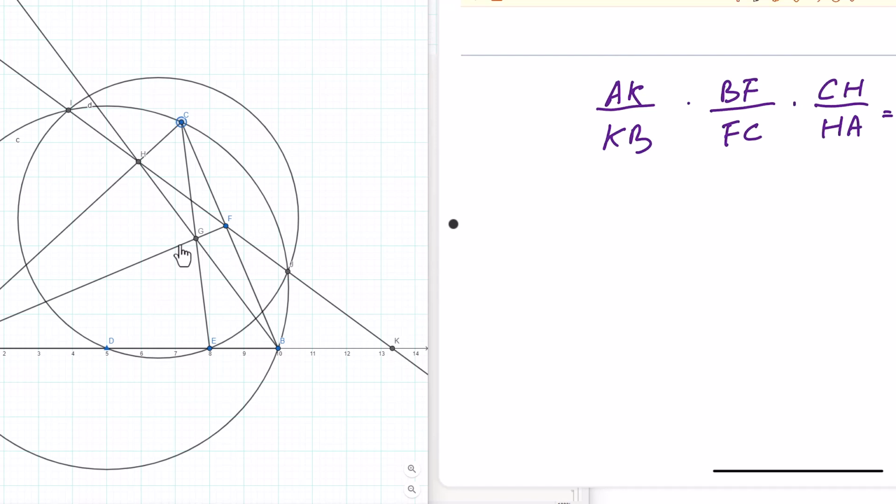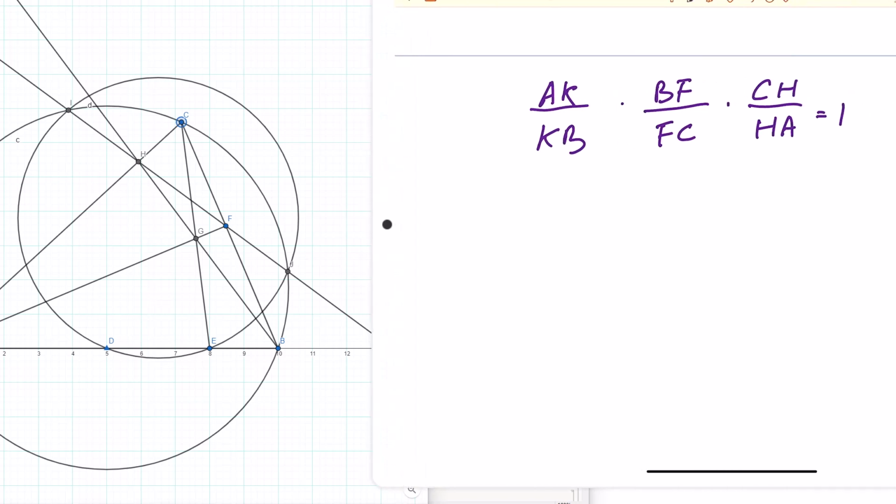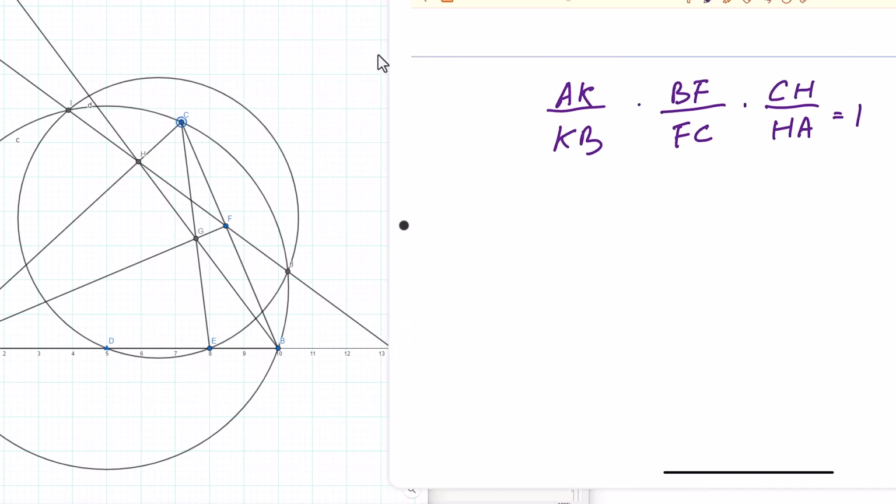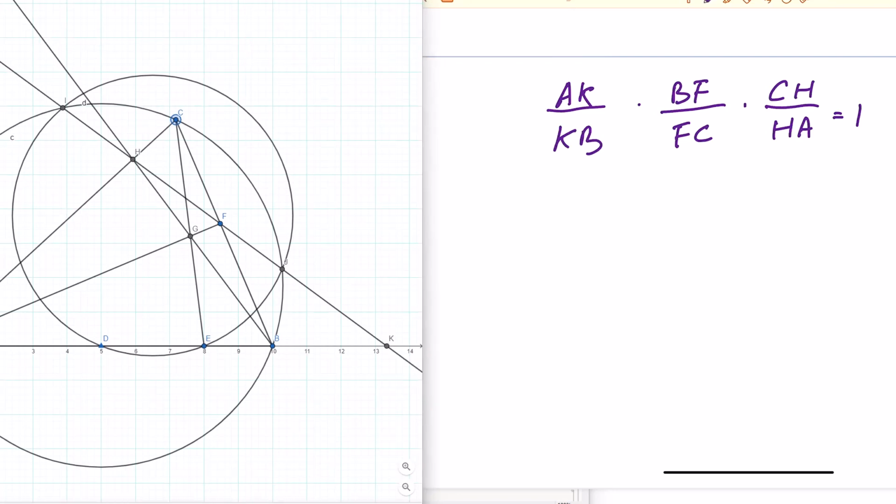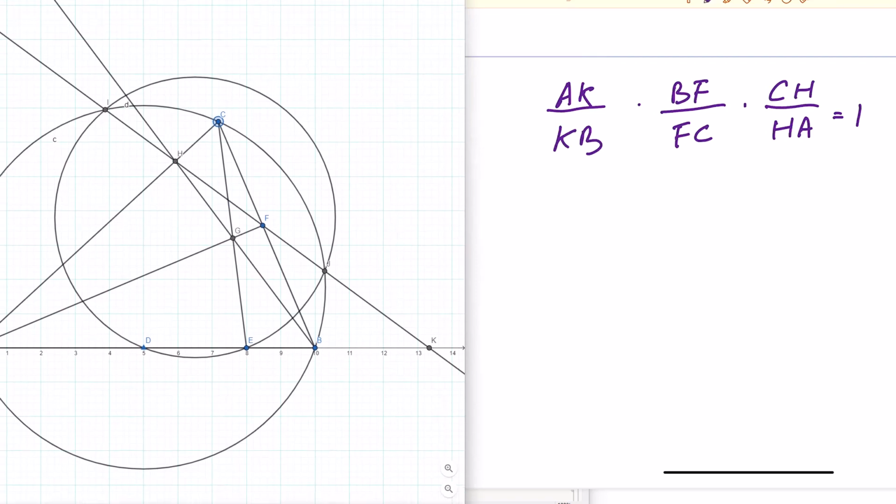But we also have another relationship. All right, so the other part is from the Cevians, three Cevians being concurrent in triangle ABC.